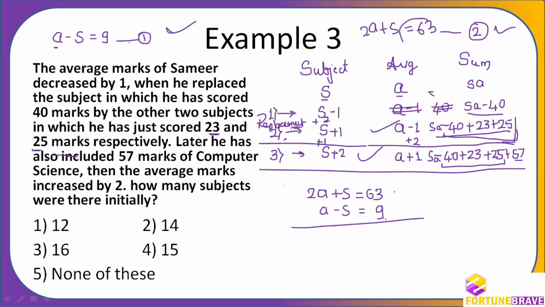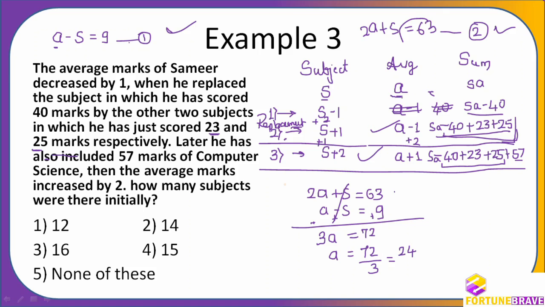You just solve like a linear equation, and you can see plus S minus S will get cancelled. I'm going to do all plus here, the sign will not change. 3A is equal to 63 plus 9, which is 72. So therefore A is equal to how much? 72 divided by 3, which is 24.